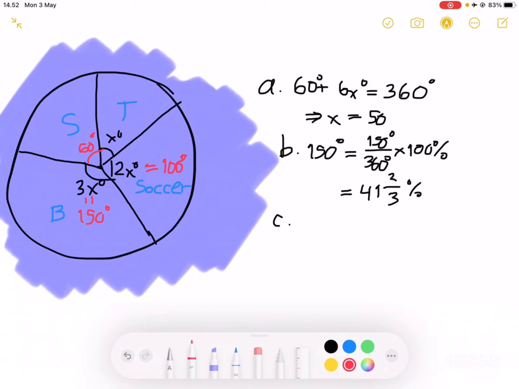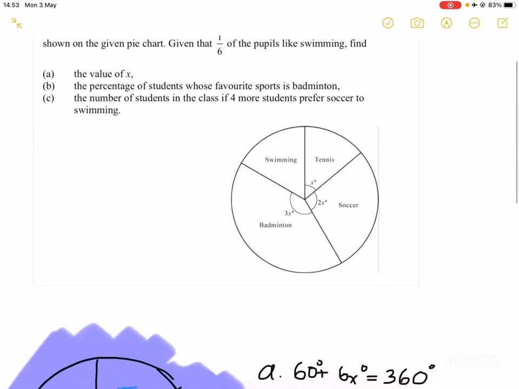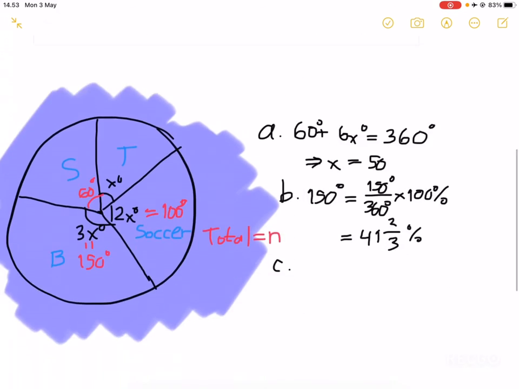Oh, never mind, x is already used in here, so let's just suppose it to be n. So total equals a variable n. Therefore, we can form an equation relating to how many more students prefer soccer to swimming.